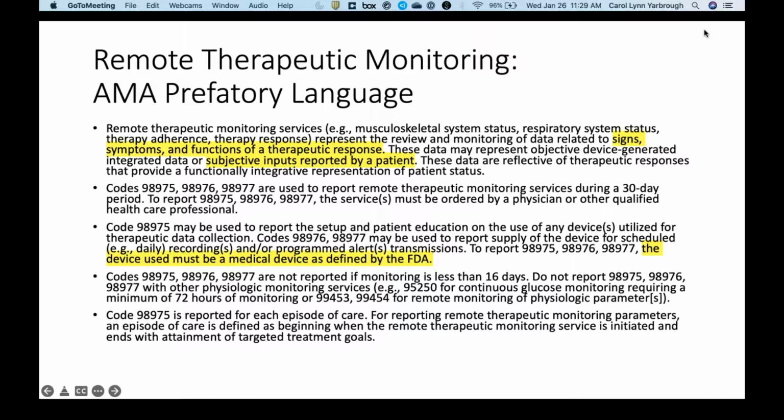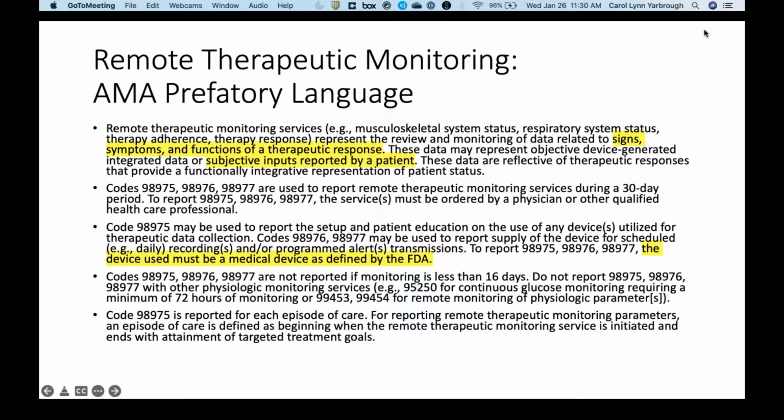But like RPM, if it is not COVID related, and this is definitely not COVID related, you have to be able to bill these things within 16 days. 16 days reported, every other day within 30 days. Has to be 16.